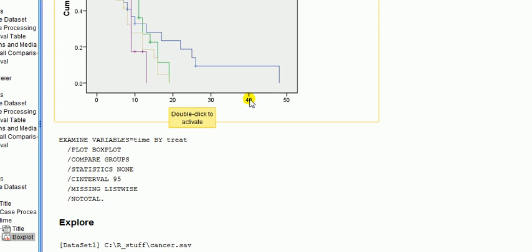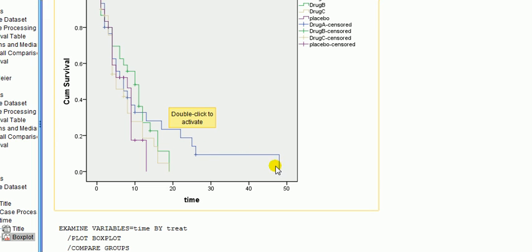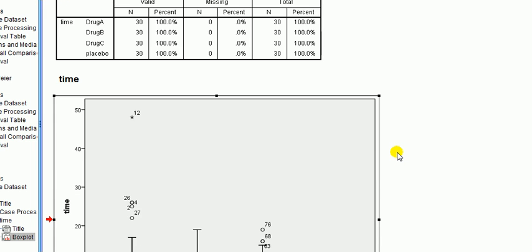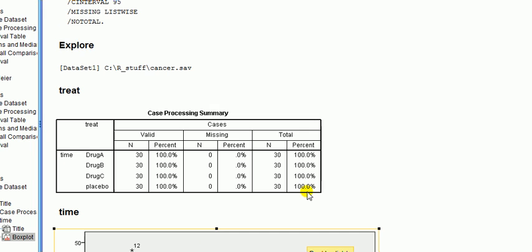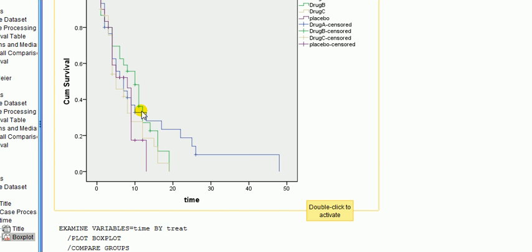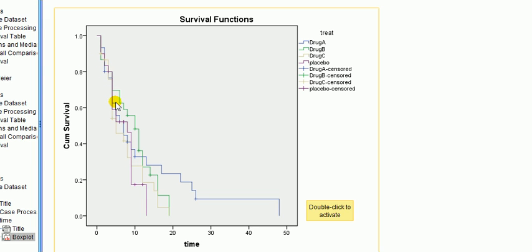If we look at our survival curve, here's group A, way out here. But I emphasize that ANOVA analysis is not the same as survival analysis. ANOVA is addressing a different question. It's comparing differences in means, whereas in survival analysis we are focused on comparing the survival functions.